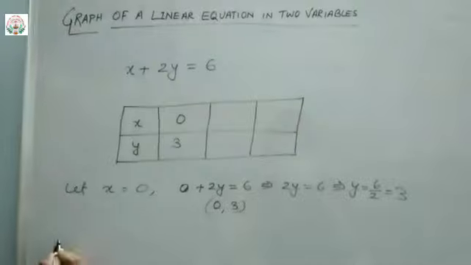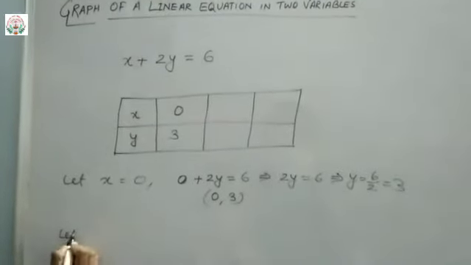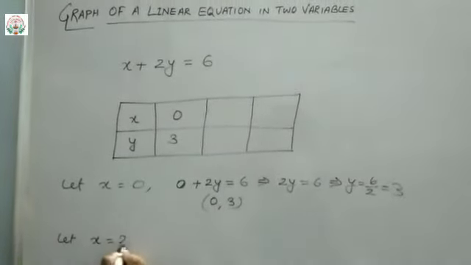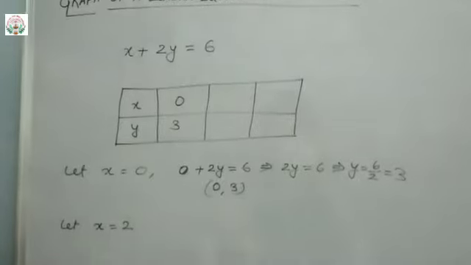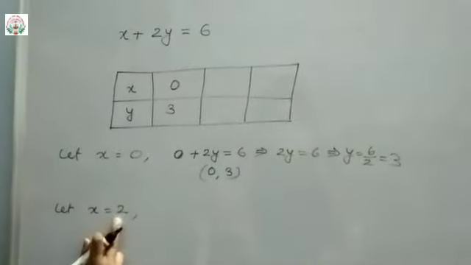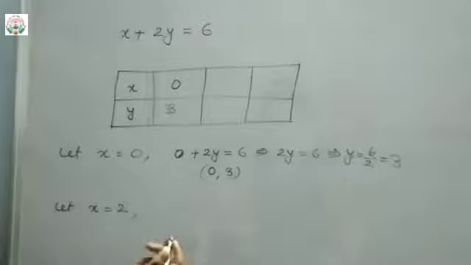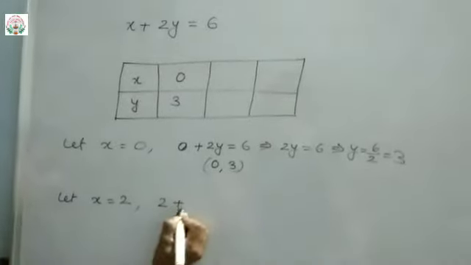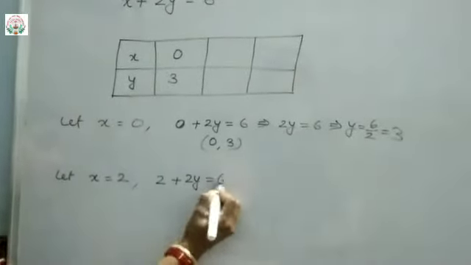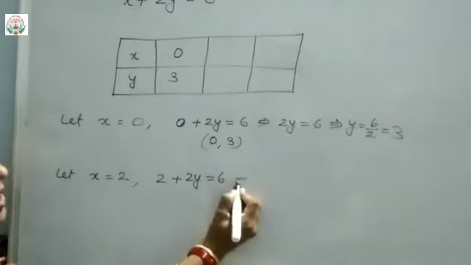Okay, same way, suppose I am taking x equals to 2. If I take x equals to 2, what will be my y value? I will find out, that is 2 plus 2y equals to 6. Then implies what?